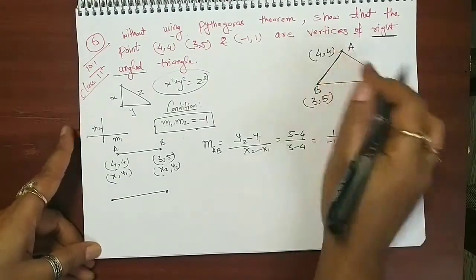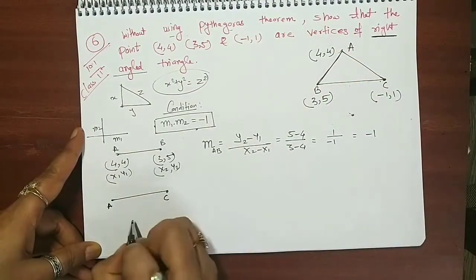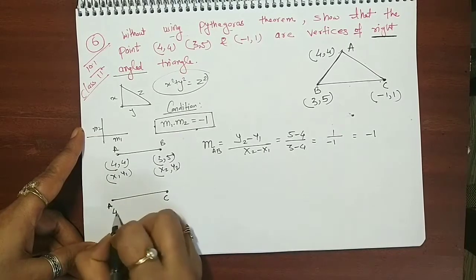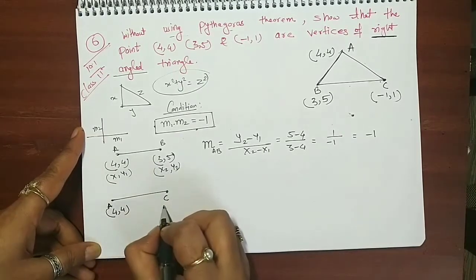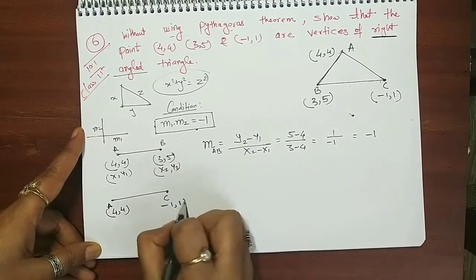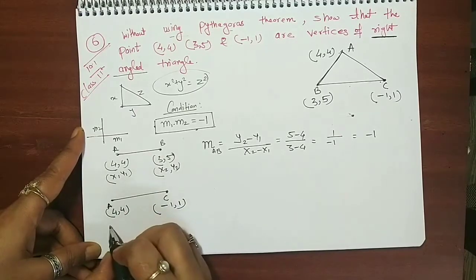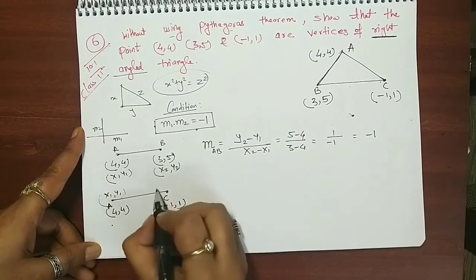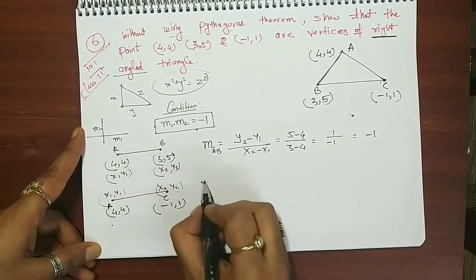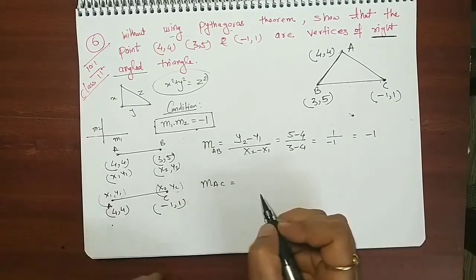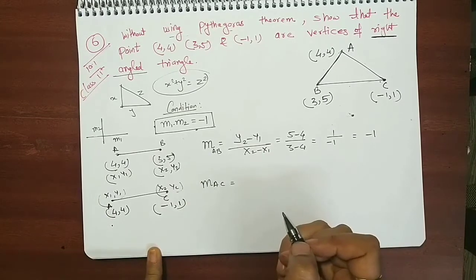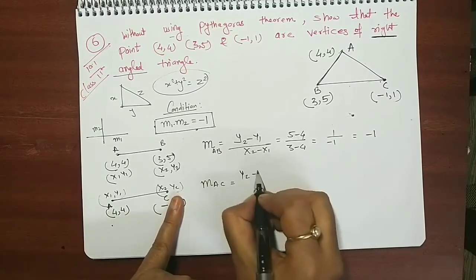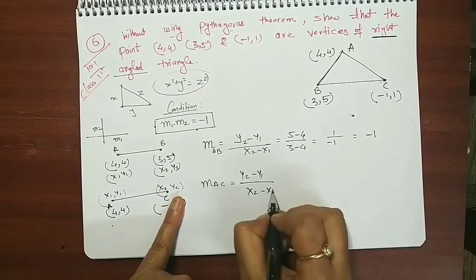Now let me take the second line, guys. Suppose I am taking AC. A is 4, 4 and C is minus 1, 1. So I am assuming this is my x1, y1 and this is x2, y2. So what will be MAC? MAC will be y2 minus y1 over x2 minus x1.